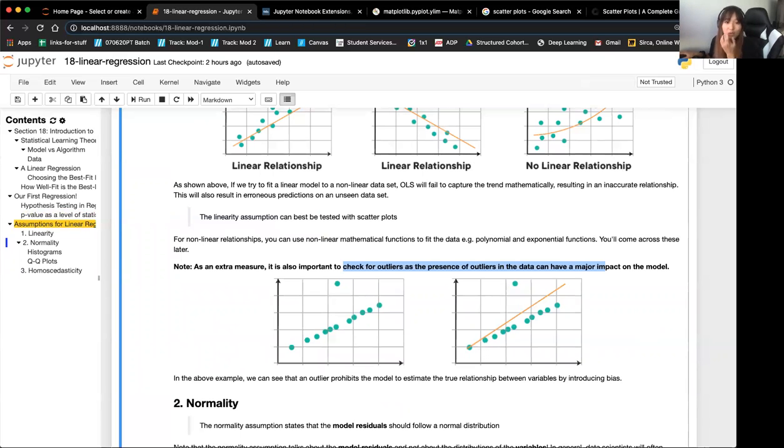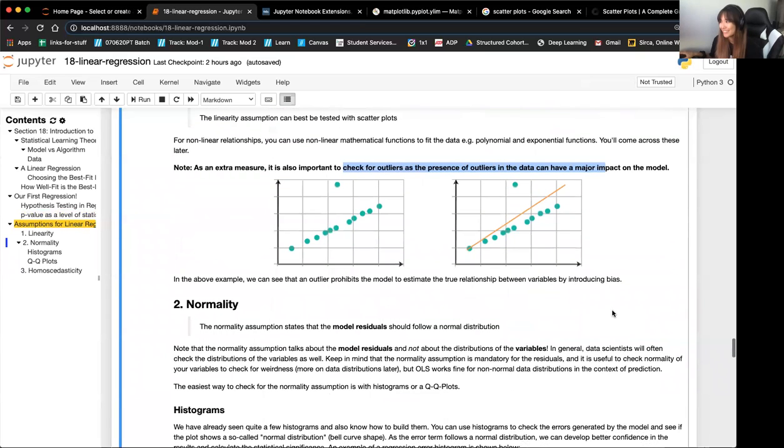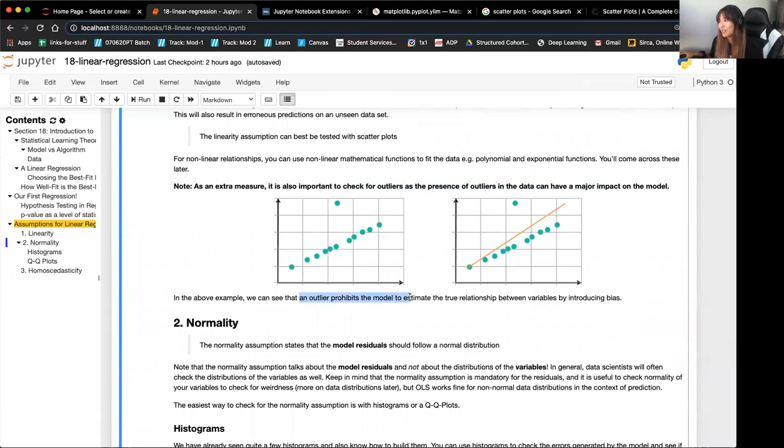So you might want to look for outliers per feature in a scatter plot. The outlier prevents the model from estimating the true relationship by introducing a bias, because that one point up there is pulling your line all the way up.